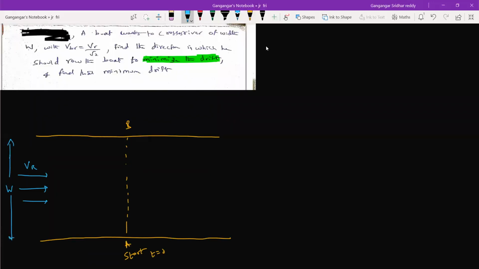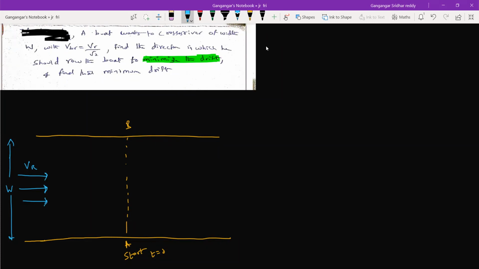Up. Could you show the question? Here, a boat wants to cross a river of width W with VBR equal to VR by root 2. Find the direction in which he should row the boat to minimize the drift. Find the minimum drift. The question is available on screen. We'll determine.